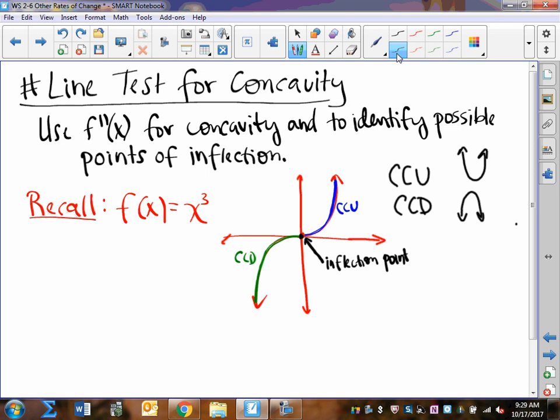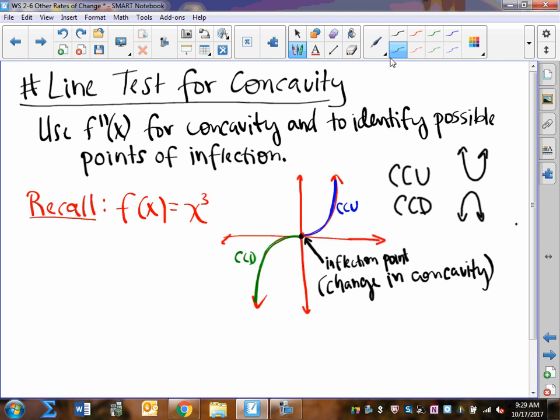Again, though, when we're writing out our justifications, we do have to write out everything. So an inflection point is a change in concavity. It's not always going to be seen at zero, but it's where it changes in concavity, from concave up to concave down, or vice versa.